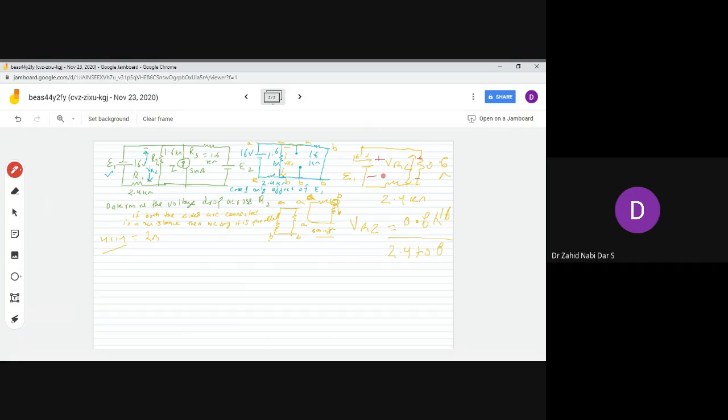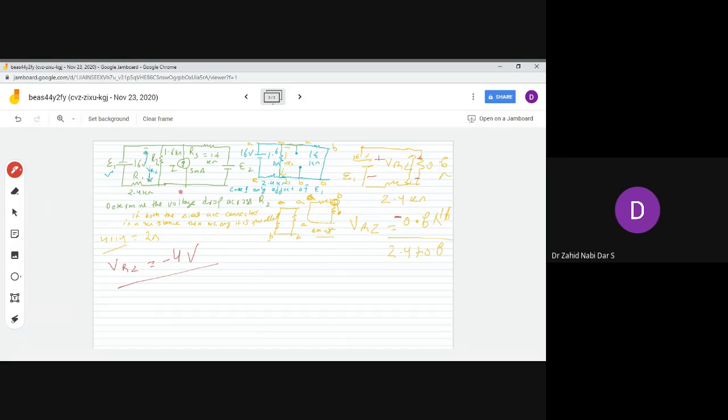So if you take the rise in potential like here, you see VR2 is falling, from positive to negative. So this is in the falling mode, hence a negative symbol will come over here. So VR2, if you calculate, will become minus 4 volts. This was the effect of E1 that you saw.